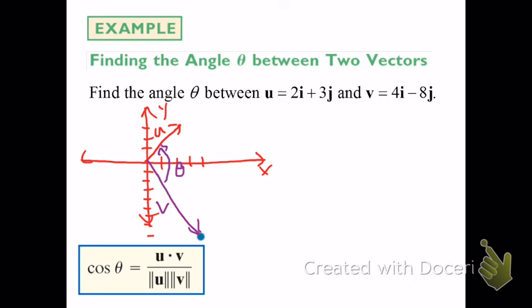Okay, so using the dot product over the magnitudes of the two vectors multiplied together, let's calculate the dot product up here first.